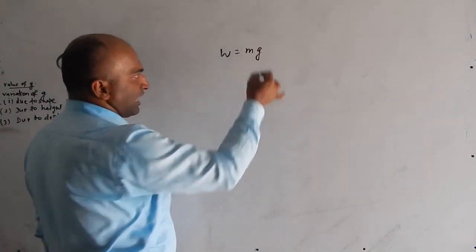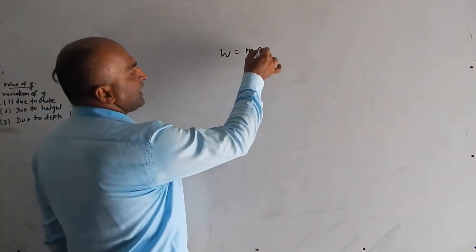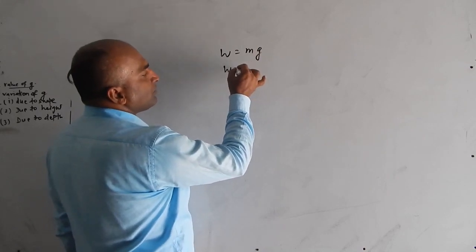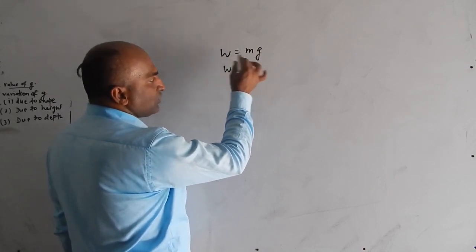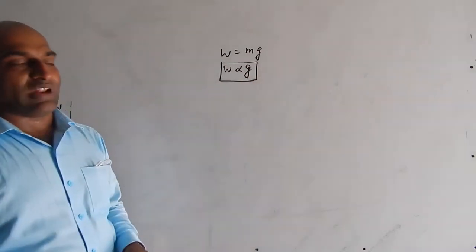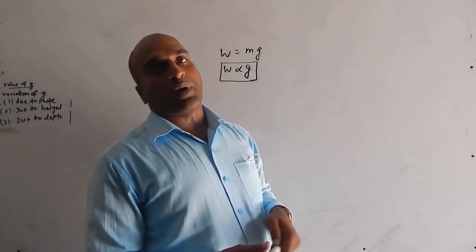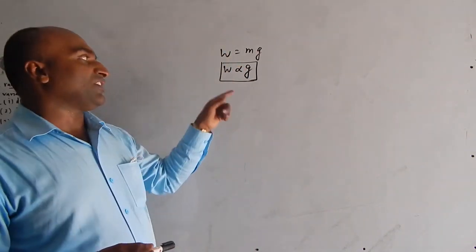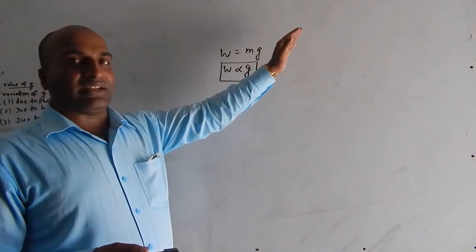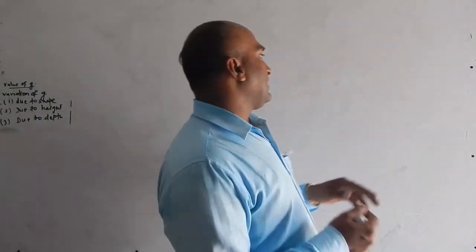Since acceleration due to gravity varies from place to place and mass is a constant, we can say that weight depends upon acceleration due to gravity. Just like weight of an object is less on the top of Mount Everest than on the surface of the earth due to the same variation of acceleration due to gravity. As we know, as height increases, acceleration due to gravity decreases.